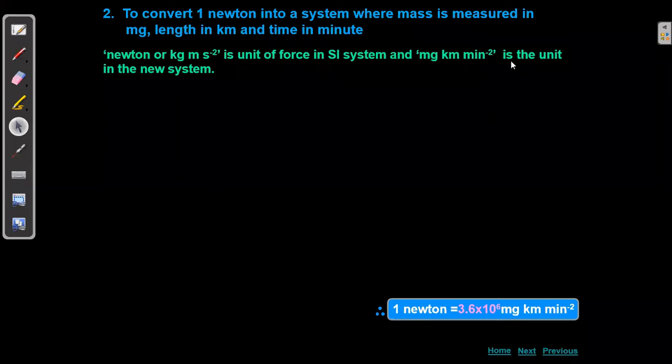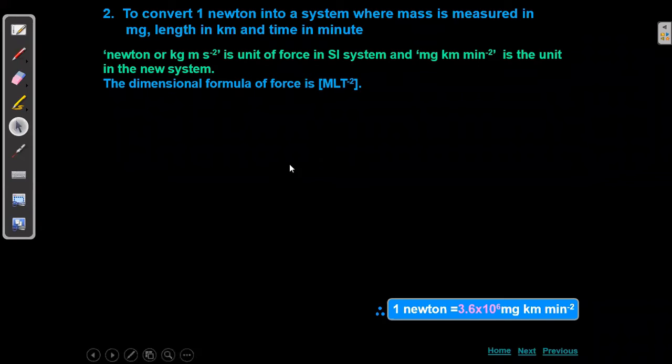Usually this is not a standard system, but the problem is given in such a way, so we will do that in that system only. The dimensional formula of force is MLT to the power of minus 2. Newton is nothing but force only. This we have already done in the previous class.